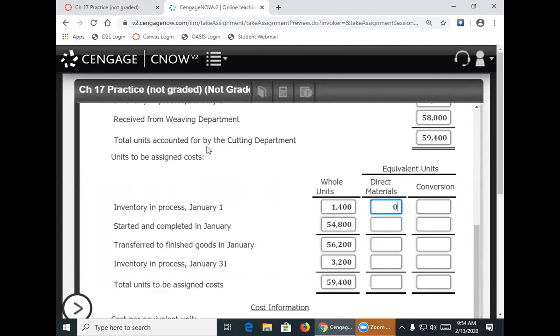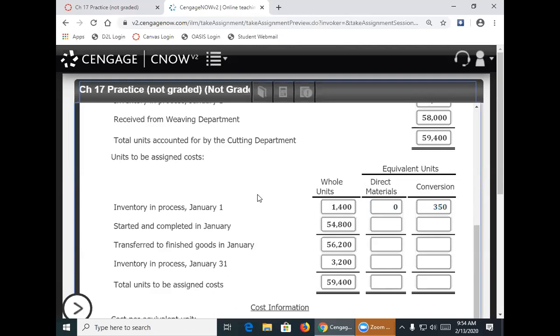Materials are 100% complete, so it takes 0 more costs. Conversion costs were 75% complete, so I need to add 25% to make them 100%, just for beginning inventory. So we would take 1,400 times 25%, 350. Very good. So it would take 350 to complete.